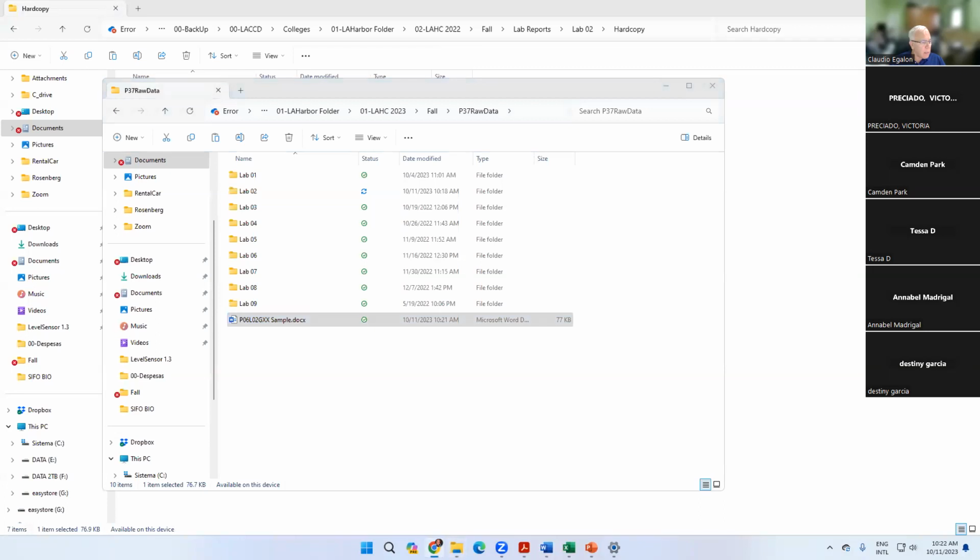Group three, you have a sample for the Word document. Group 1, 2, 3, 4, and 5, you all have a sample of the Word document. It's docx. So look for this document right here in your group folder.